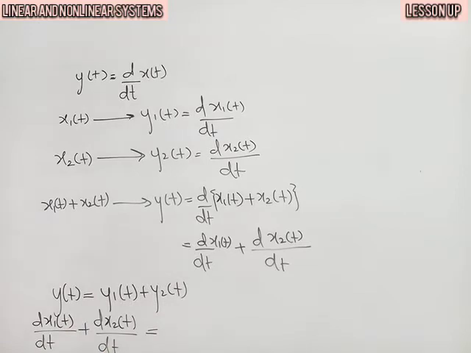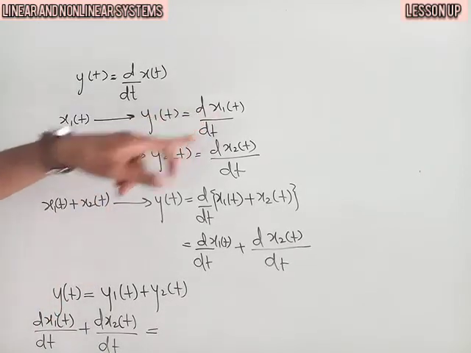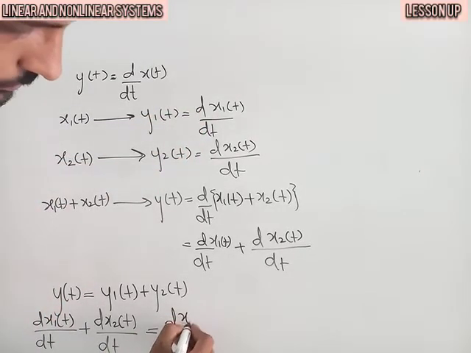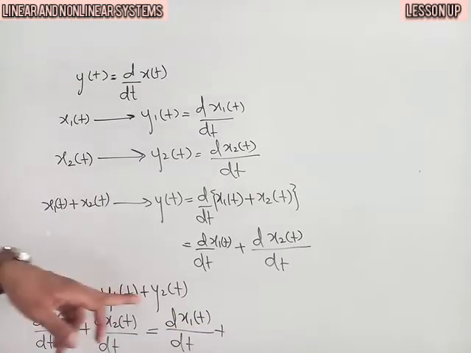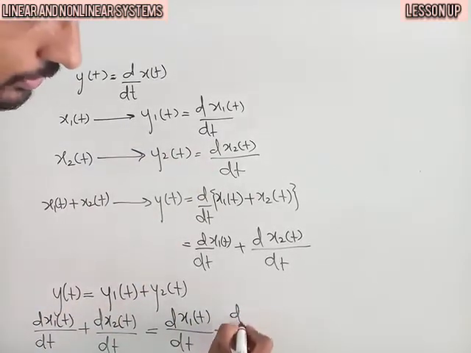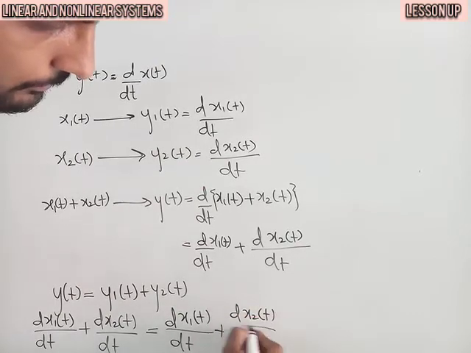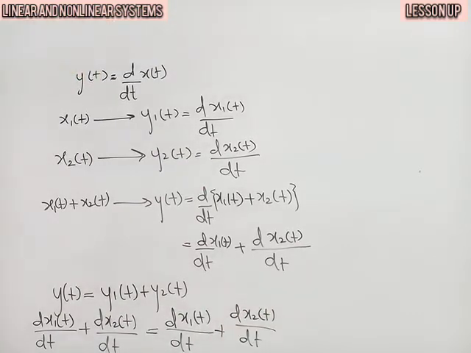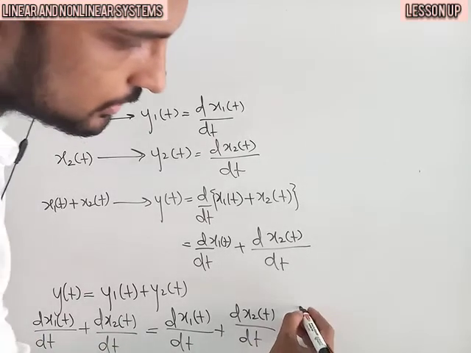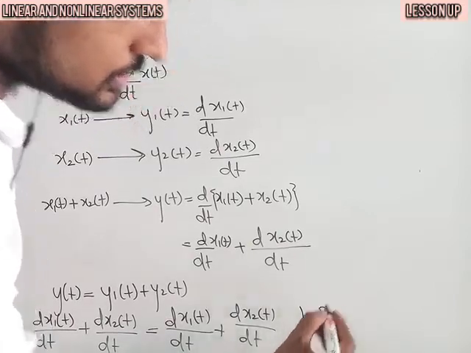This should be equal to y1 of t, which is d x1 of t by dt, plus y2 of t, which is d x2 of t by dt, and we can see both LHS and RHS are equal. So, we can tell that this system is a linear system.